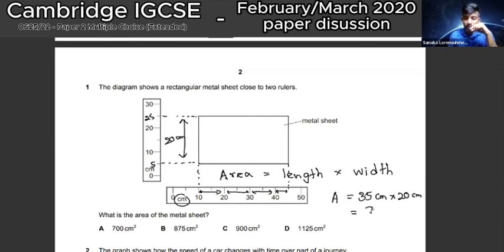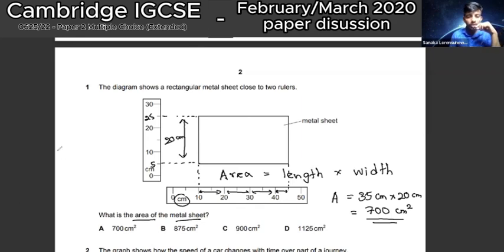The answer is 700 square centimeters. Cubic centimeter is volume, but this one is area. The area of the metal sheet is 700 square centimeters, so the answer is A.